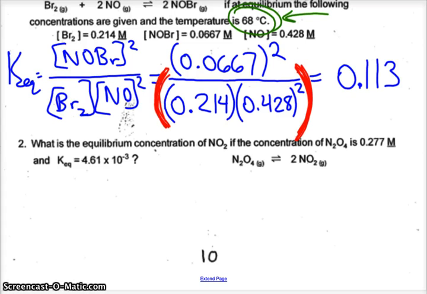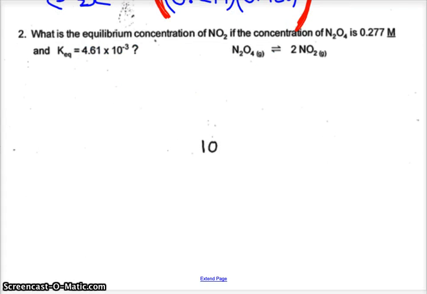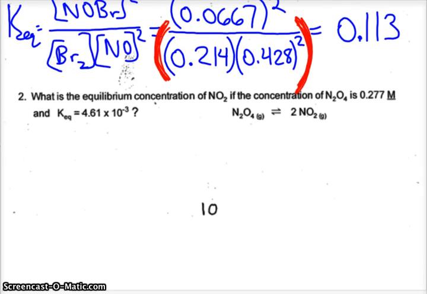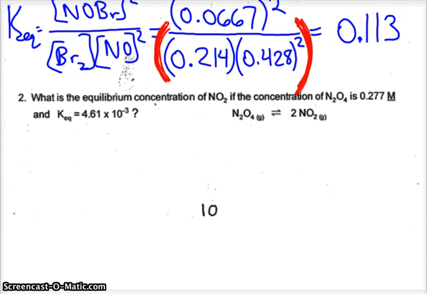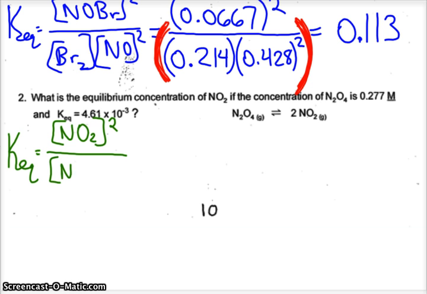So for this one, we have our equilibrium value, and the chemical equation there on the right. So we first need to write KEQ is equal to the concentration of NO2 squared over the concentration of N2O4. In this case, I have KEQ, so I'm going to write that in.